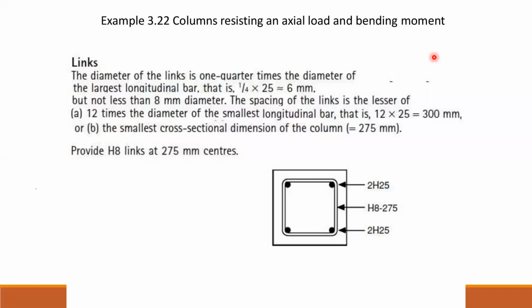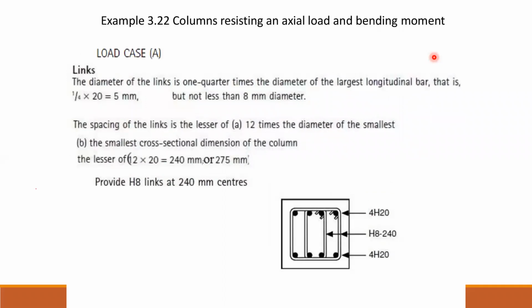So 1/4 of the main bar is 6 millimeter. So then you can use the 8 millimeter diameter, and the spacing of the links is the lesser of 12 times the diameter of the smallest longitudinal bar. That is 20 into 25, 300 millimeter, or the smallest cross section's dimension 275. So you provide 275 millimeter centers.